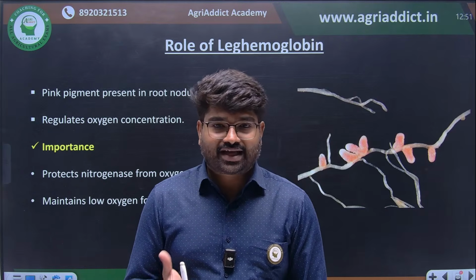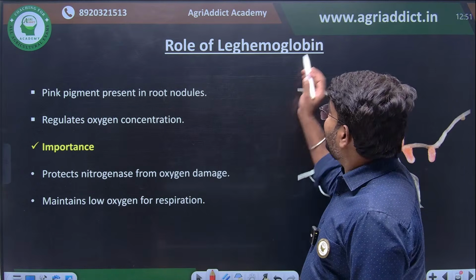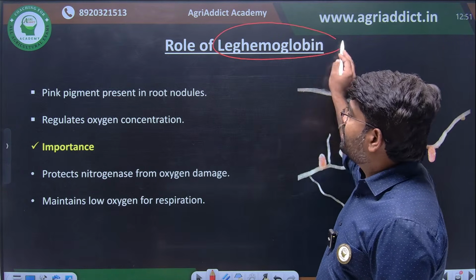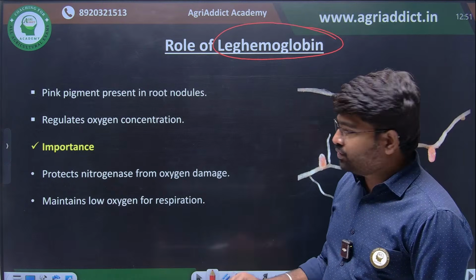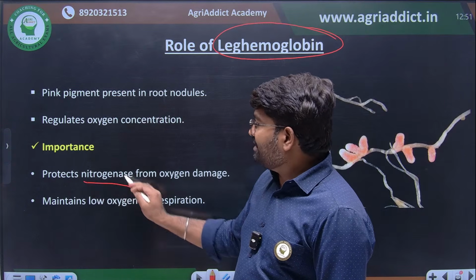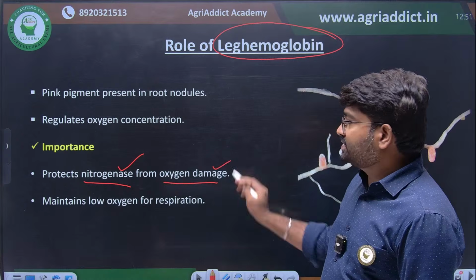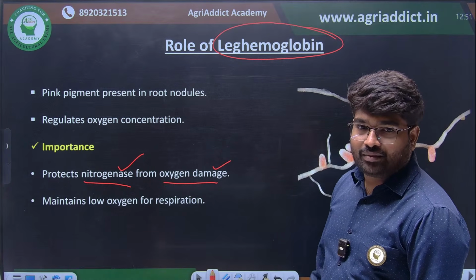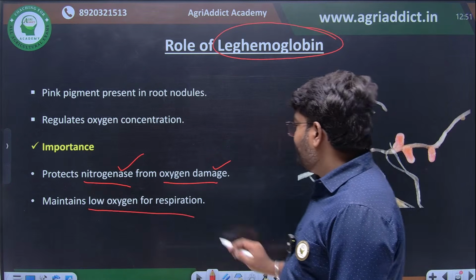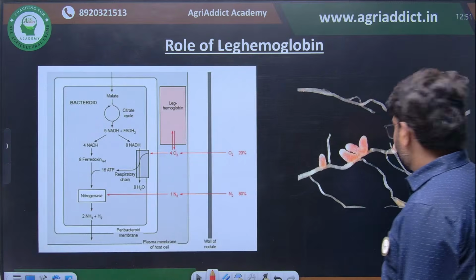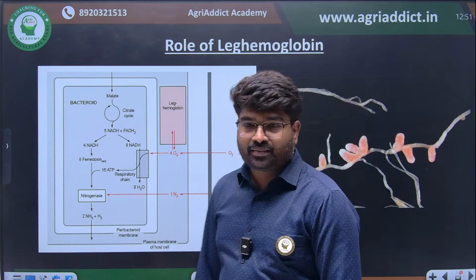They may ask this. So there comes the protein leghemoglobin. Leghemoglobin is the important protein that will prevent the nitrogenase enzyme from oxygen damage. Another important thing, it will maintain low oxygen for respiration in the rhizobium.